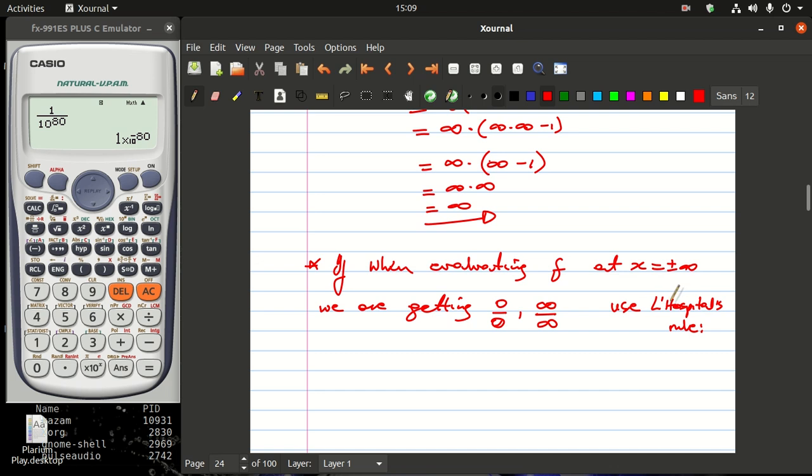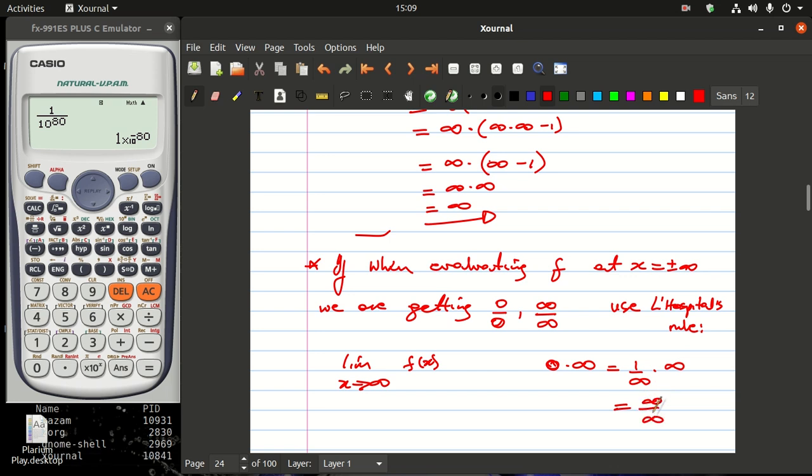What this is simply saying is this: suppose you're trying to evaluate the limit as x approaches infinity of f of x, and if I plug it in, maybe I'm getting 0 times infinity. This is the same as 1 over infinity times infinity, so we end up having infinity over infinity.